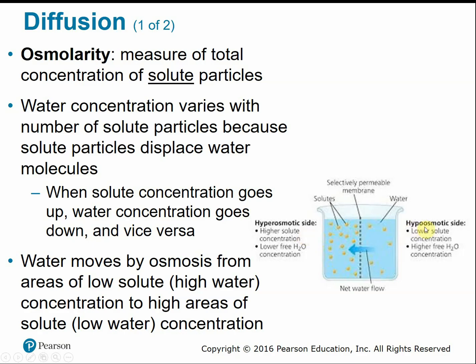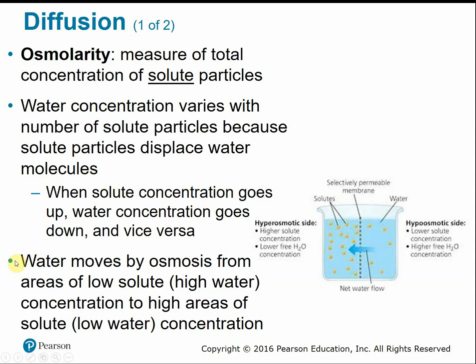A hypoosmotic or a low osmolarity solution would have a lower solute concentration with more water, a more dilute solution. Water concentration varies with the number of solute particles because they're going to displace water molecules. We only have a finite volume, so if the solute particles outnumber the water, it would be more concentrated, and its osmolarity is going to increase.